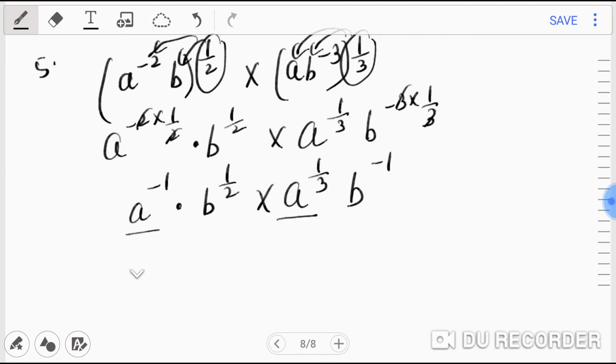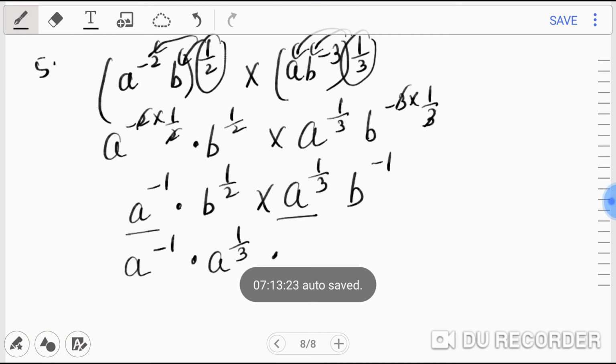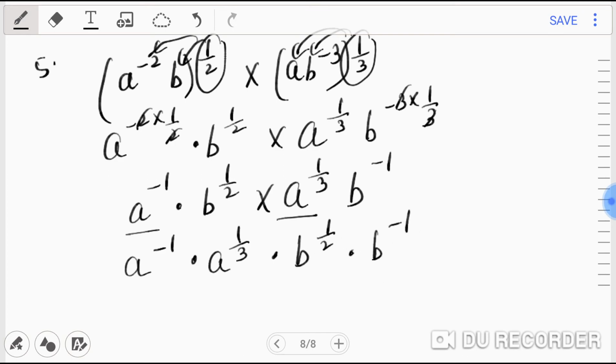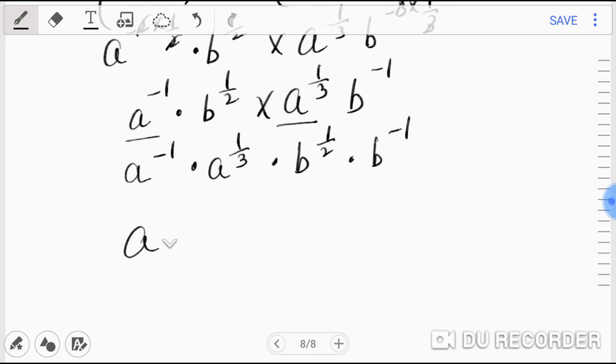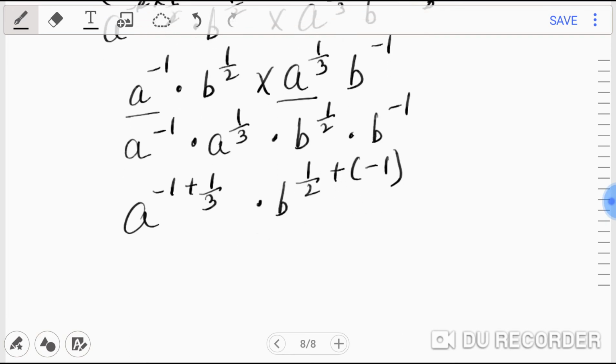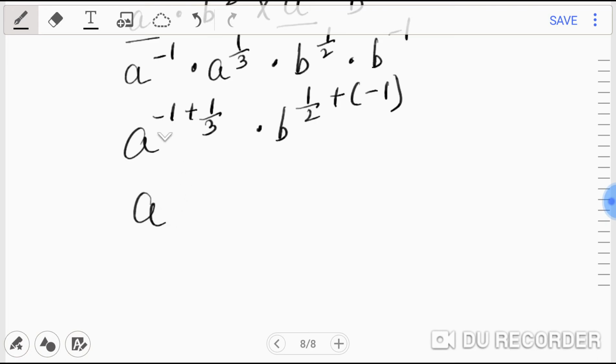Take the same bases together. That dot says that it is multiplication. a^-1 and a^(1/3), b^(1/2) and b^-1. As we know, if we have the same base and multiplication, the exponents are added. So add the exponents. Take the LCM. You will get something like this.